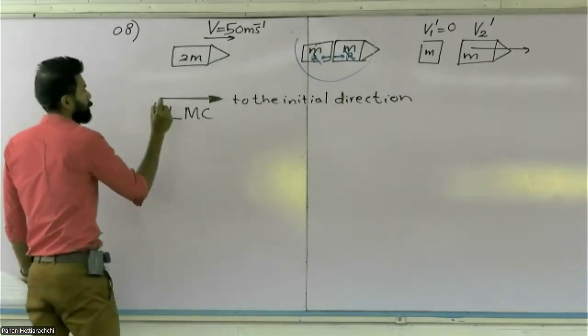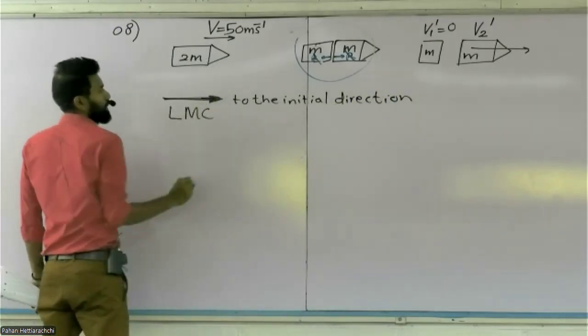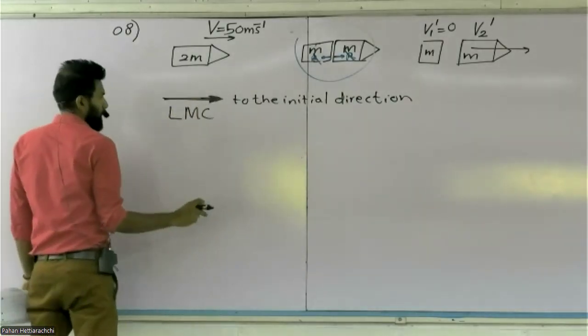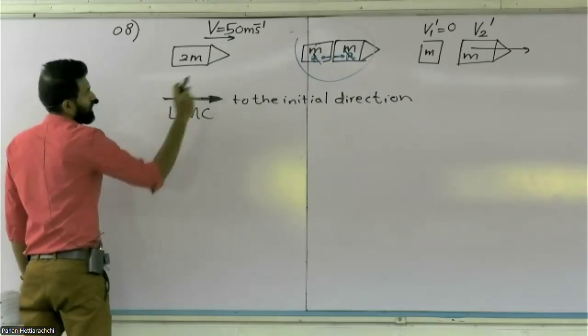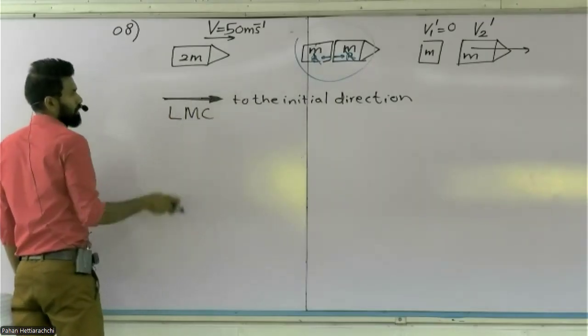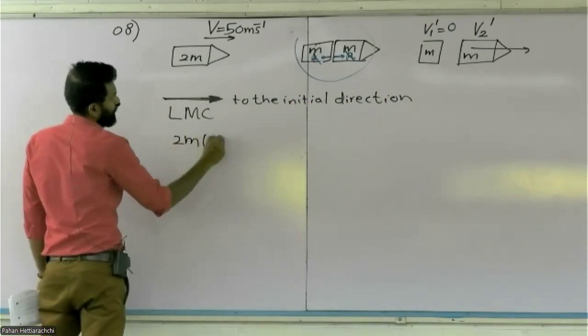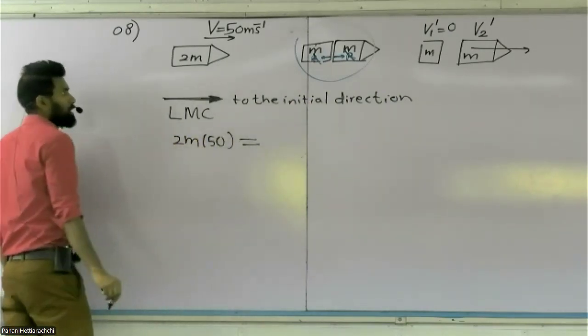What is the initial momentum in the considered direction? Let's say mass is 2m, velocity is 50. So the initial momentum is 2m into 50.